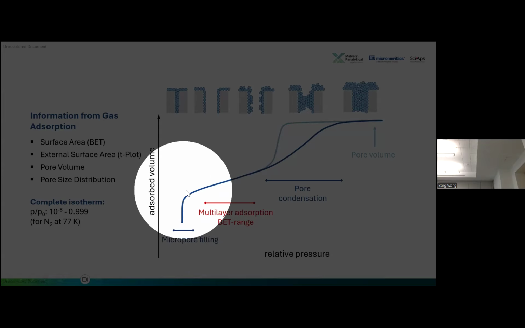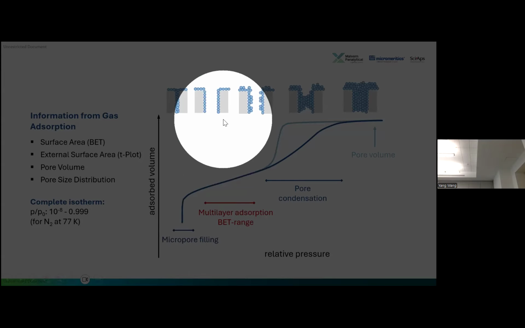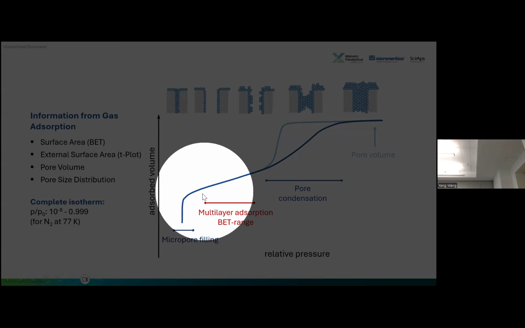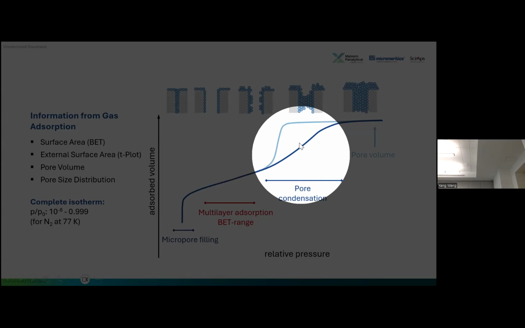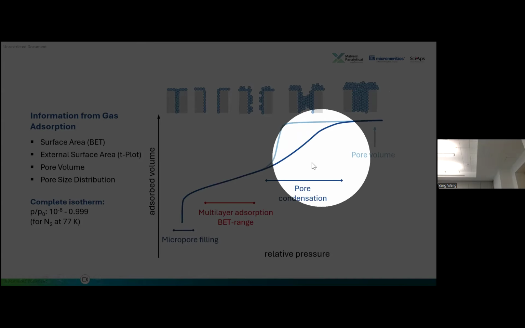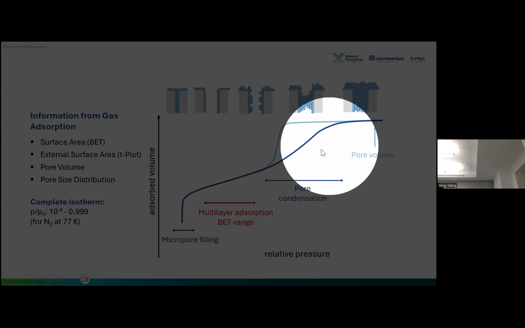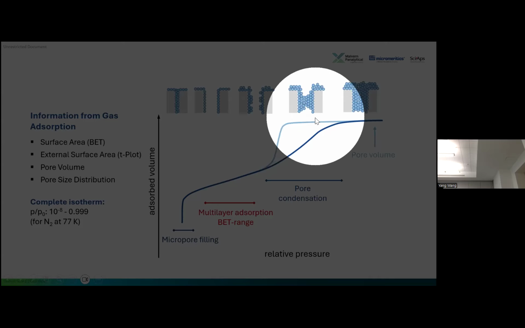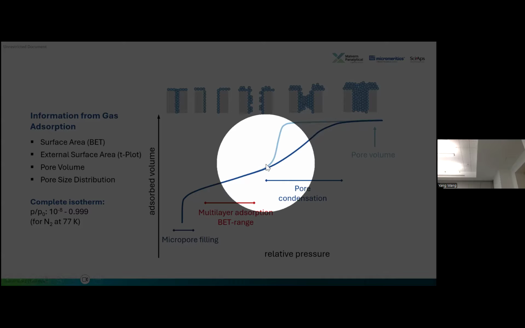Then you get to a point where it starts building a monolayer, coating the surface in a single layer, and then what's called multi-layer absorption. And then you keep going, and you get pore filling. It keeps going all the way across. Then you absorb as much as you can, you apply all the gas, and then you do desorption. You're slowly taking out quantities of gas, so that's what this other line is. This is the pore now emptying out.